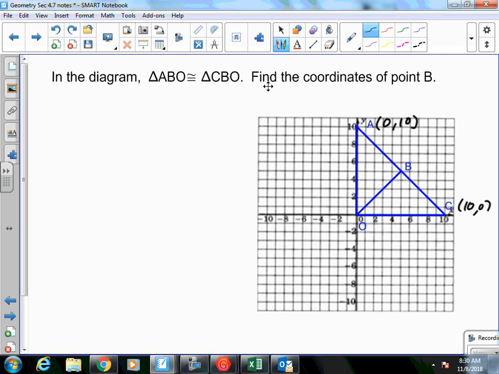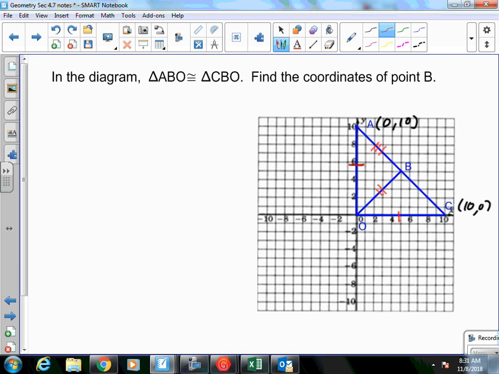It tells us that ABO, this top triangle, is congruent to CBO, the bottom triangle. If the two triangles are congruent, then all the corresponding parts of one triangle are going to be congruent to the corresponding parts of the other triangle. So AO would be congruent to CO. BO is shared, so it's congruent to itself.